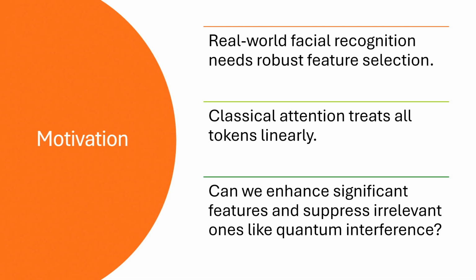In any good facial recognition model, the main thing it should be looking at is your facial features, not anything else. What your background is, what you're wearing, that's not as significant. So the idea is, can we use sine or wave theory in this case to help us with that?